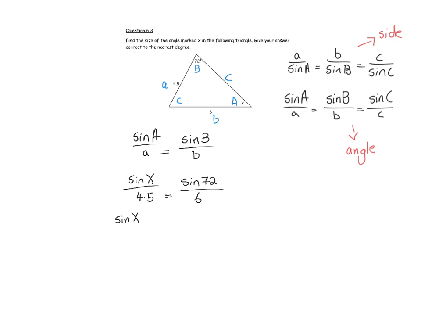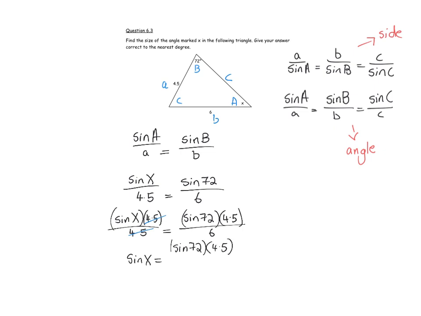It'll become the sine of x times 4.5 over 4.5 is equal to the sine of 72 times 4.5 over 6. 4.5 divided by 4.5 will give us 1, so we'll be left with the sine of x is equal to the sine of 72 multiplied by 4.5, and all of that is divided by 6.